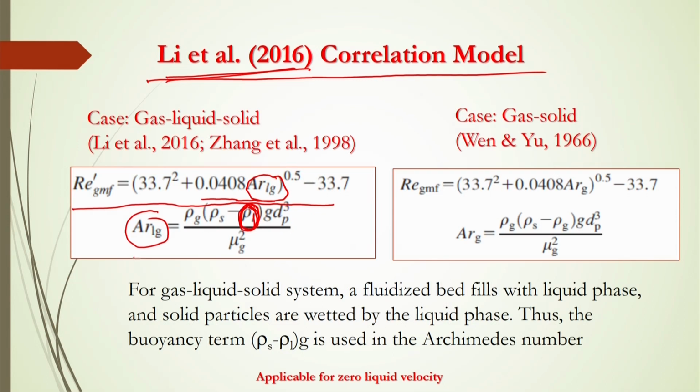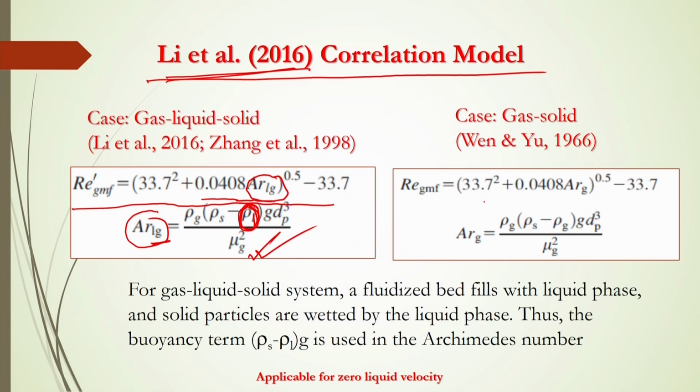So, here this Archimedes number of LG, that means gas liquid and solid system, here rho G into rho S minus rho L into g into dP cube by mu G square, but this viscosity of gas will be considered here instead of liquid viscosity.